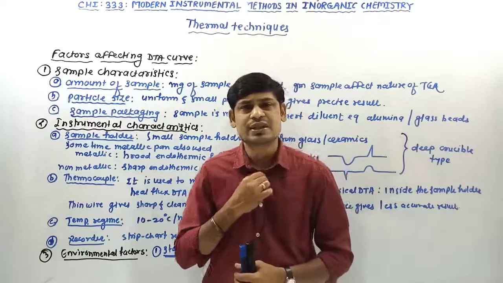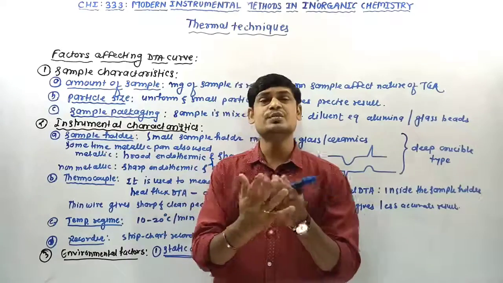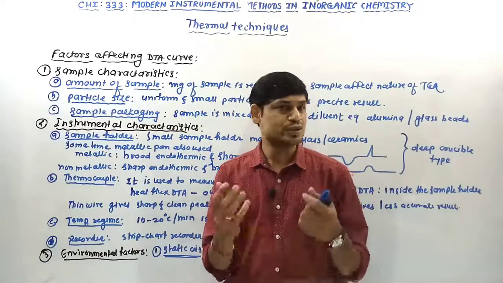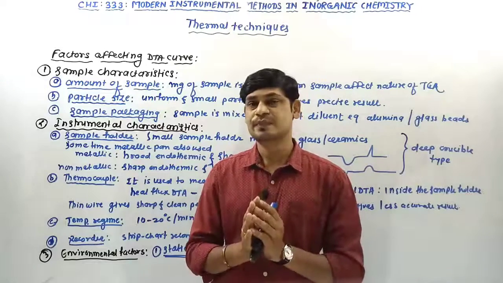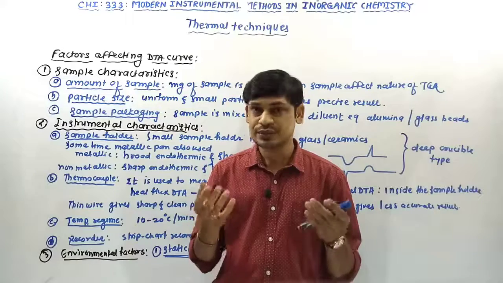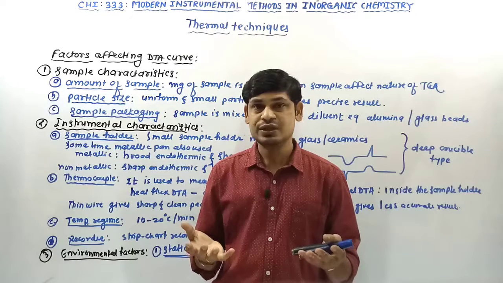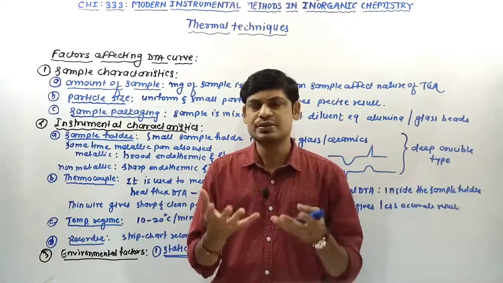But it is difficult to maintain constant atmospheric air, because we know that atmospheric air changes from time to time. For example, humidity, temperature, moisture, oxygen content, and CO2 content change from time to time.